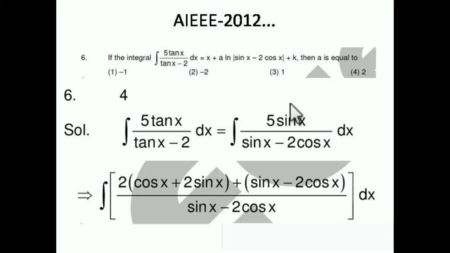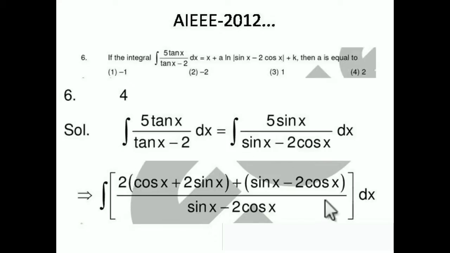Numerator is equal to m times denominator plus n times d by dx of denominator. Now here, numerator 5 sin x is equal to m times the denominator, that means sin x minus 2 cos x, plus n times d by dx of this, that means cos x plus 2 sin x, and solve that and get the value of m and n.